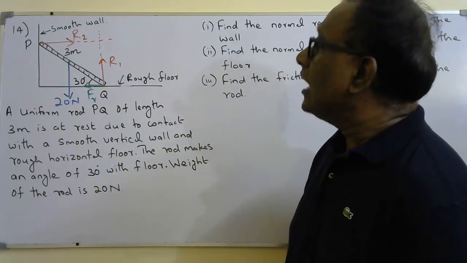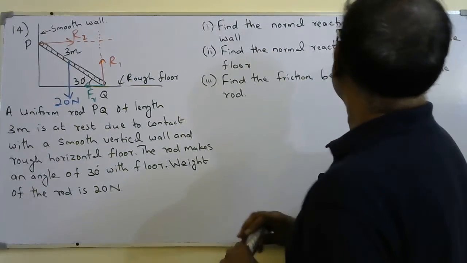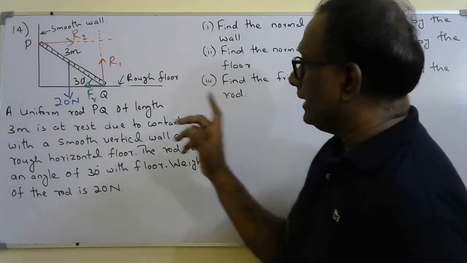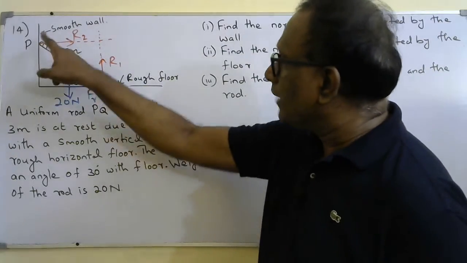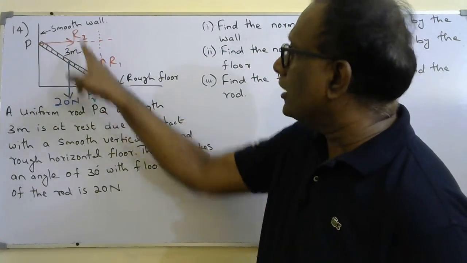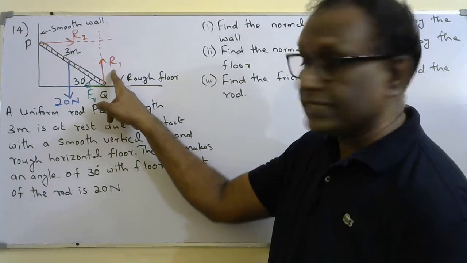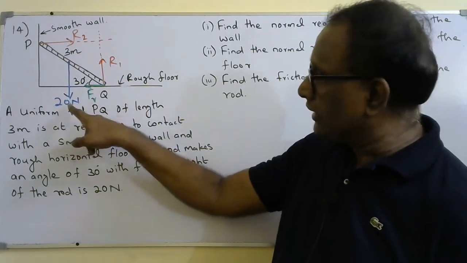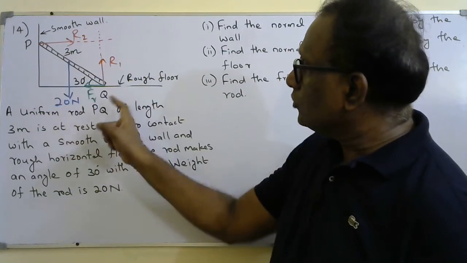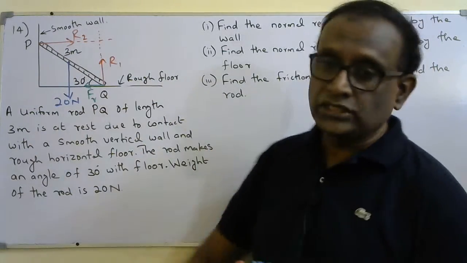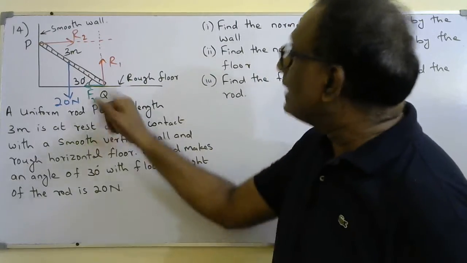They asked to find the normal reaction exerted by the wall, which means R2. If I resolve horizontally, I will get R2 minus Fr equals 0, because the vertical forces have no horizontal component. Both are unknown, so what can I do? We'll take moment about Q.